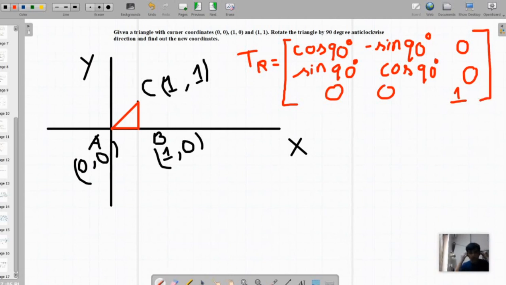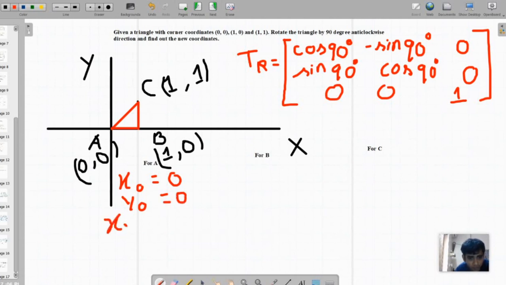Okay, now you have to solve the problem for all three vertices. That means for A, then for B, then for C. So for A, x old is 0, y old is 0.